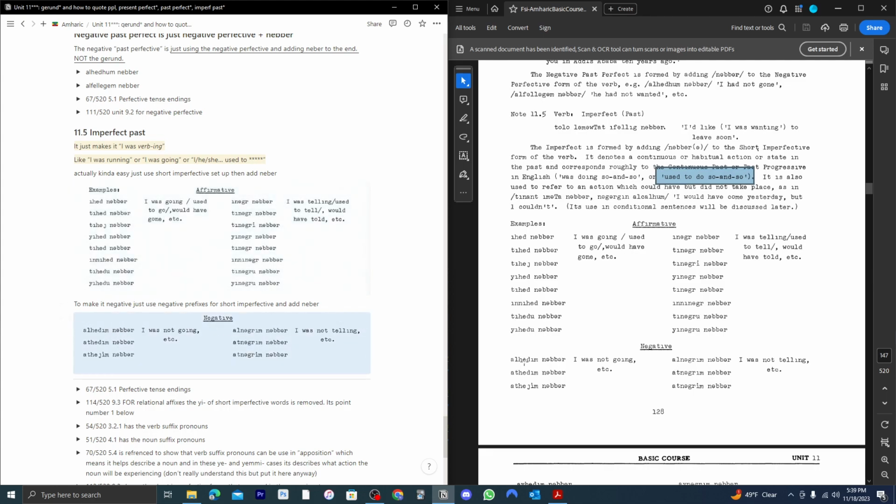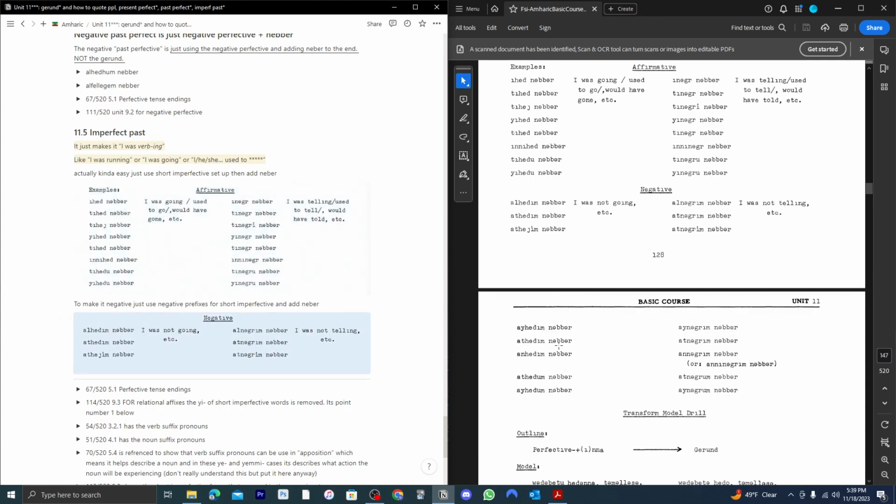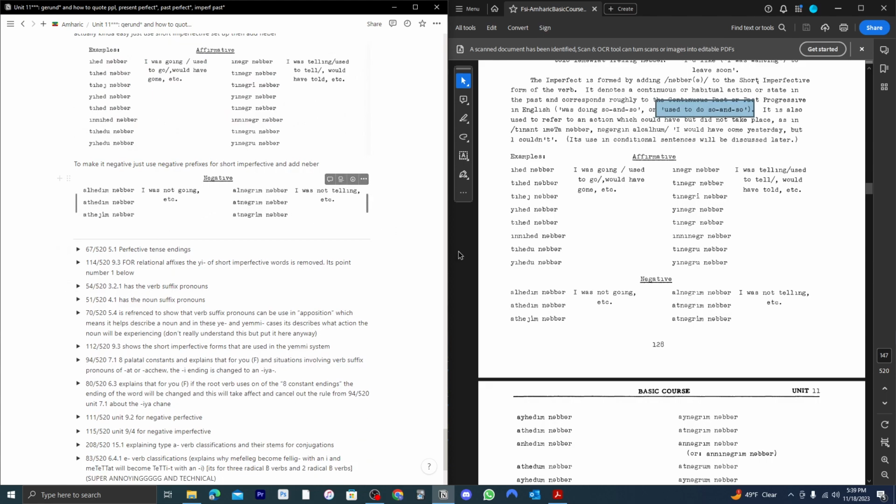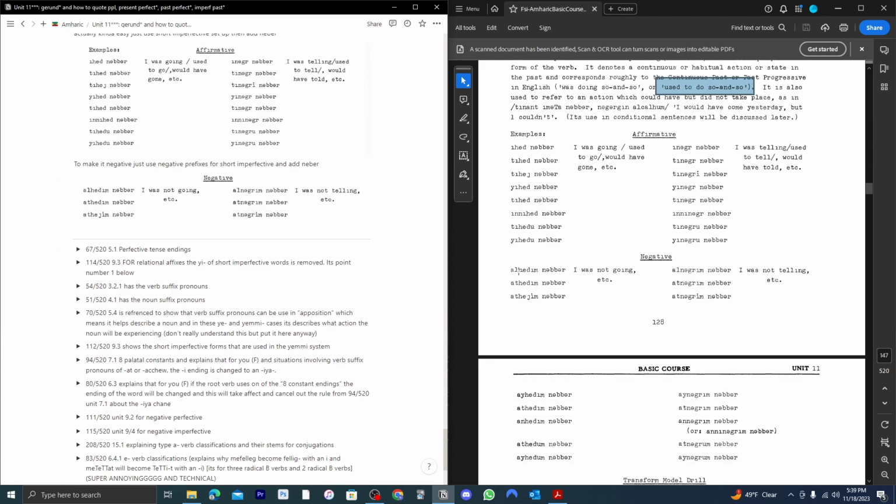And then to make them negative is kind of simple: you just add a prefix and neber. To make negative, just use negative prefixes for the shortened perfective and add neber. You use negative prefixes for the shortened perfective, and it's not just al like for the perfective. It changes depending on the situation. Like I is al, you is at, he is ay, and they is ay. And then negative prefixes and suffixes. You do need suffixes. You need the M at the end.